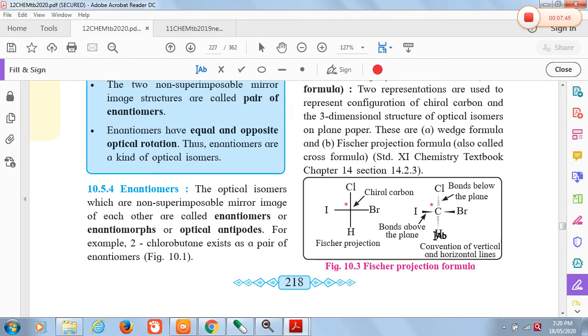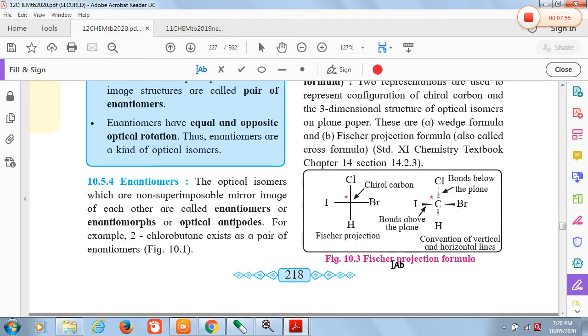Here chlorine and hydrogen are below the plane, and the groups shown with bonds are above the plane.